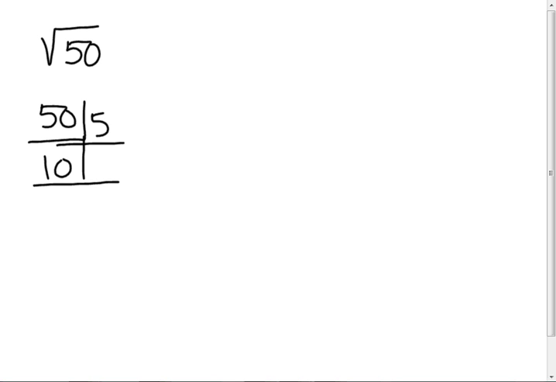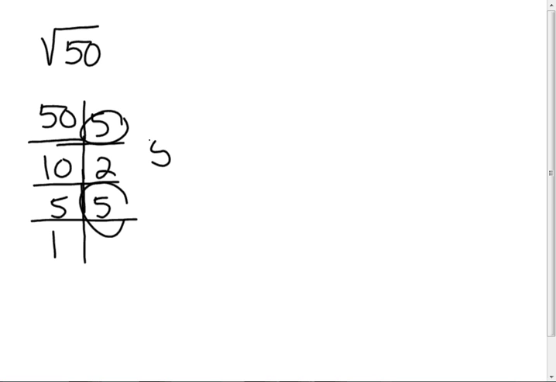What goes into 10? 2. What's left? 5. What goes into 5? 5. 5 is 1. Which ones match? The 5. So it's 5 times the square root of 2.